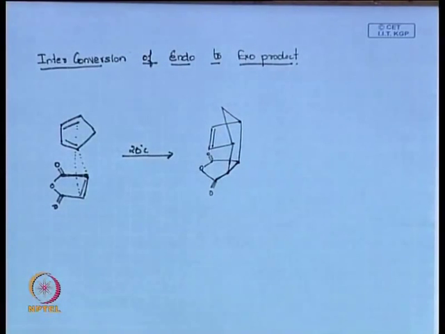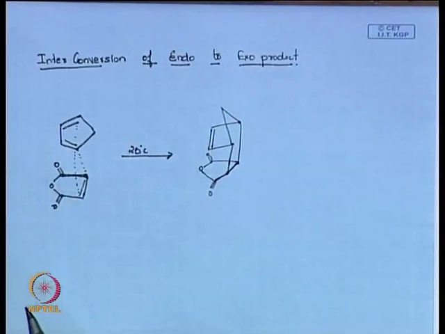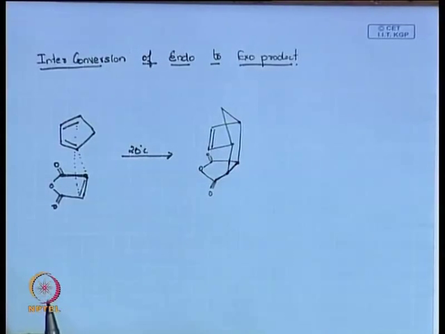I can get an endo product. As in the earlier case, we said that we have a secondary orbital interaction, so the reaction will give me the endo product.